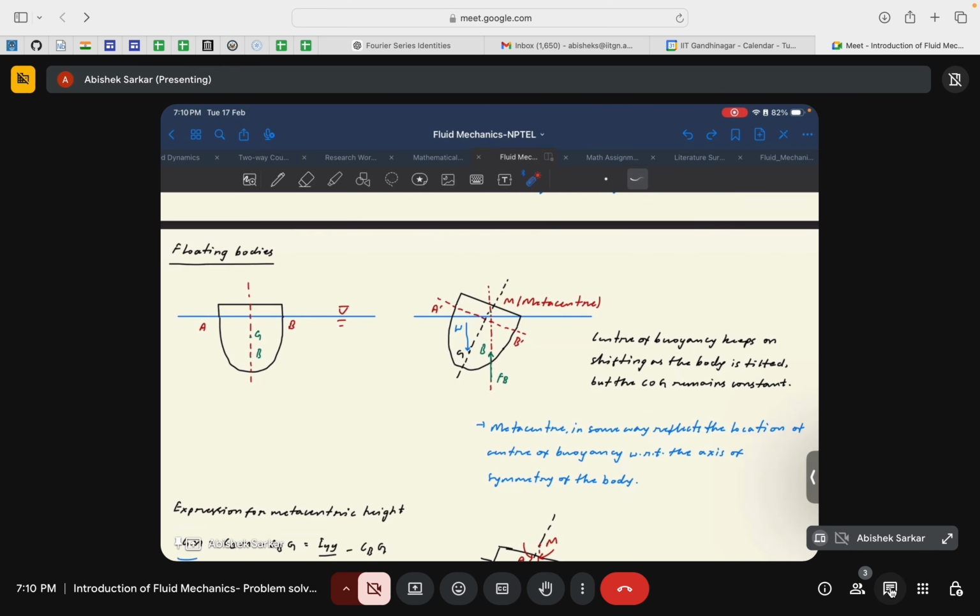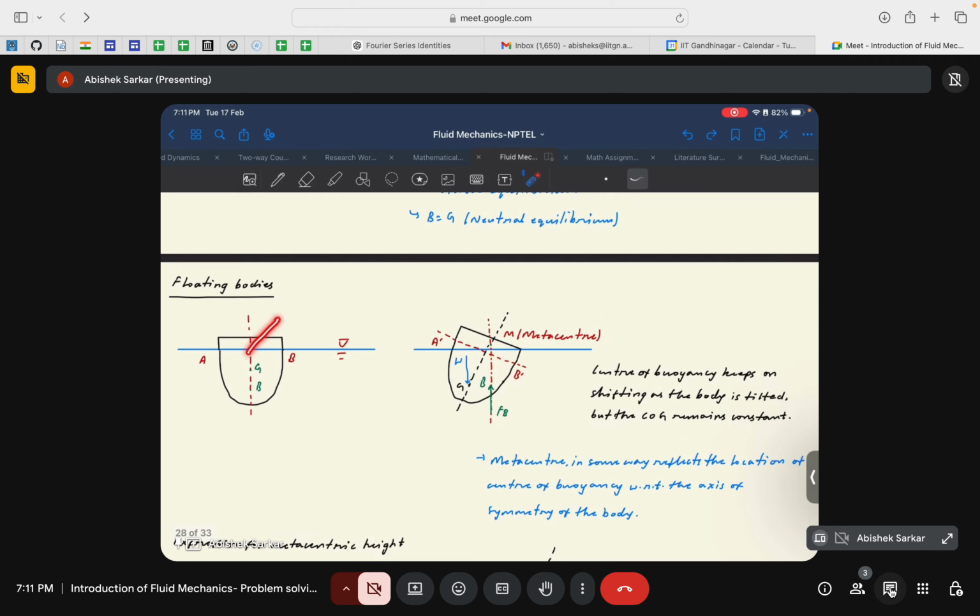Okay. So again, just to reiterate, for floating bodies as well, we are again considering bodies which are symmetric about one of its axis. Basically in this case it would be along this axis perpendicular to this page.